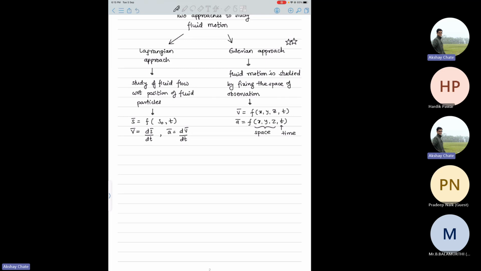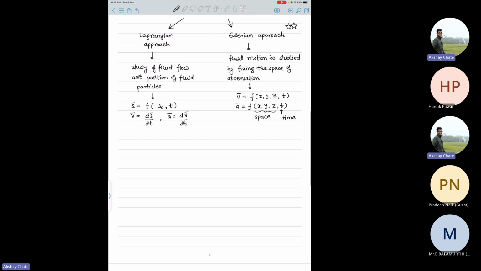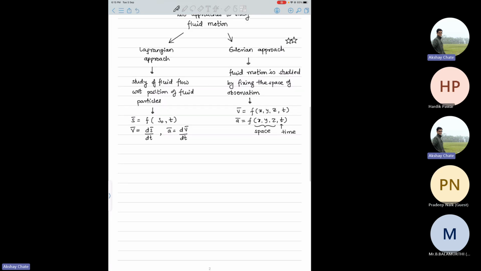Okay, then there is this thing to connect these two. For example, there can be some acceleration for the fluid particle or fluid domain in the Lagrangian approach, and there can be acceleration in the Eulerian approach, but are they the same or not, and how to connect them?